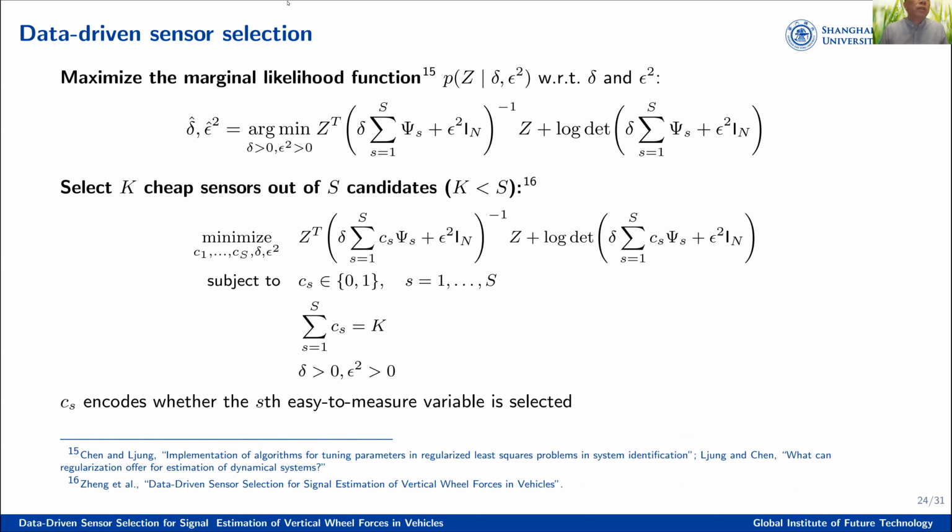If we put the selection question into the picture, like selecting K out of S, where K should be less than S, we can use additional variables like C1 to CS to encode whether each of the S easy to measure variables is selected or not, and formulate this optimization problem. Other than this C1 to CS encoding, the second formulation is very similar to the first one.